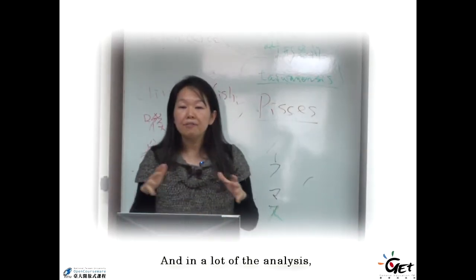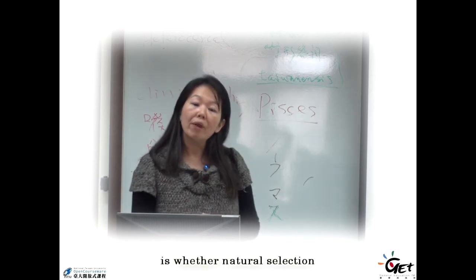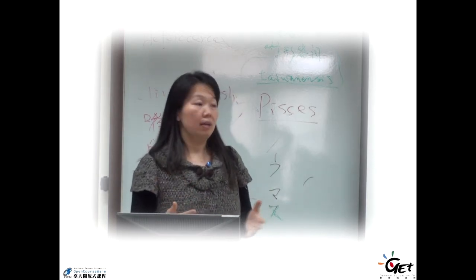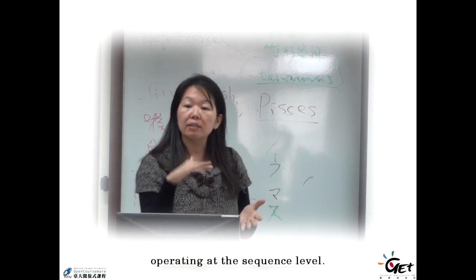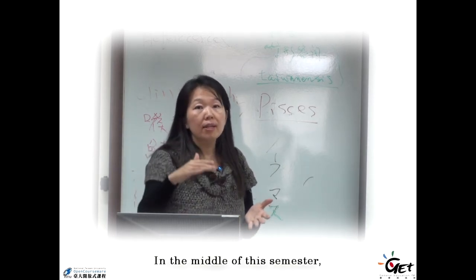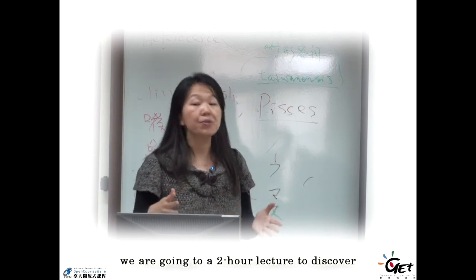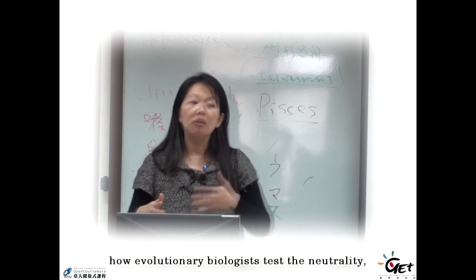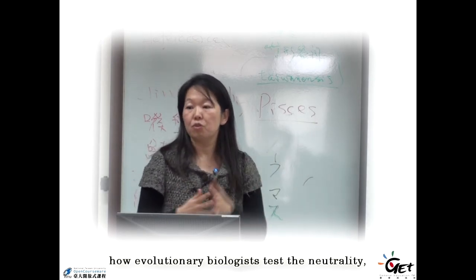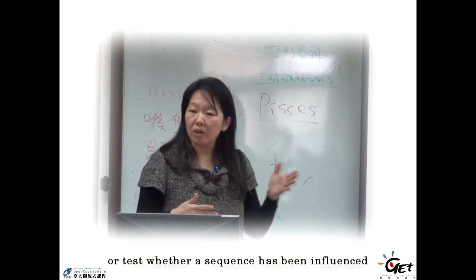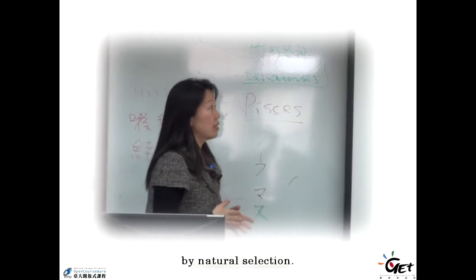And in a lot of analyses, we are asking whether natural selection is one of the important forces operating at the sequence level. In the middle of this semester, we're going to have a 2-hour lecture to cover how evolutionary biologists test the neutrality, or test whether a sequence has been influenced by natural selection.